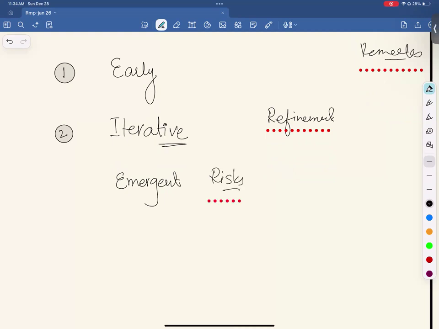Emergent risks are those risks, similar to the iterative nature of the project, which were not there at the time of planning, but they emerge during project execution. So what you do is you identify them as well. Emergent risks which emerge over time.